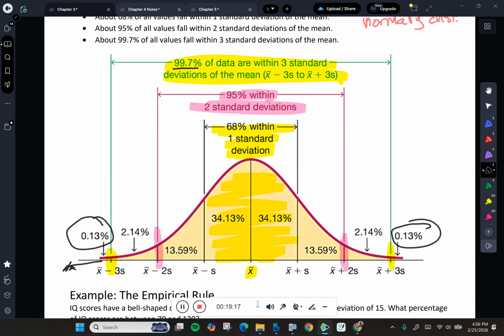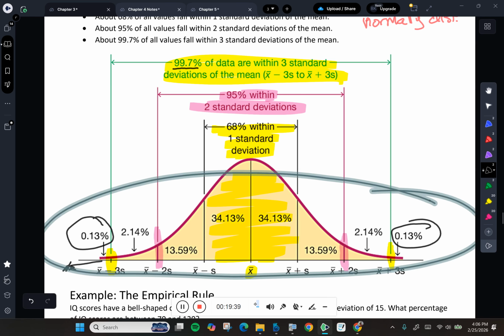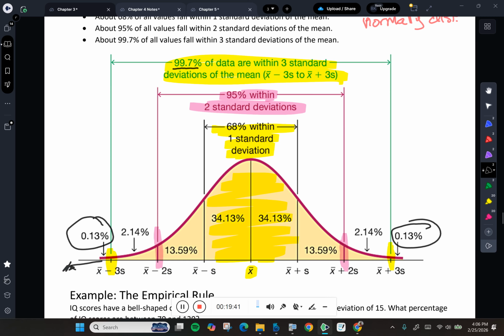And similarly, there's also about 0.13% on the high end. All of these numbers that are here are approximations. If you added all these numbers across here up, you would get something really, really close to 100%, if not exactly. But the math doesn't math with these numbers.